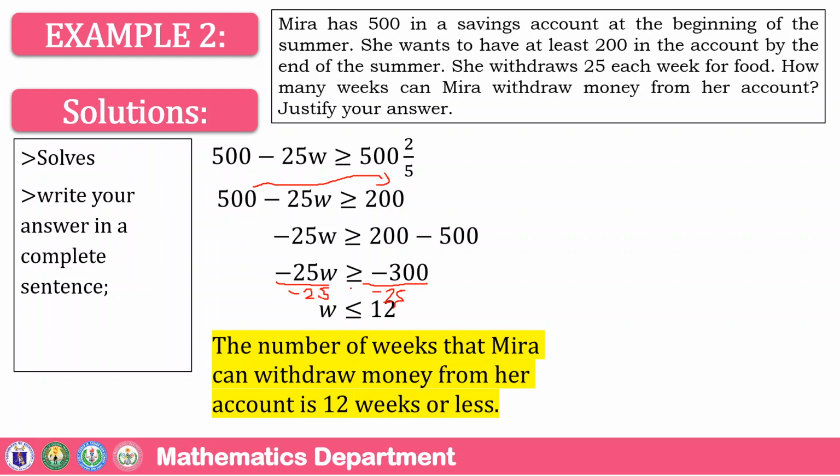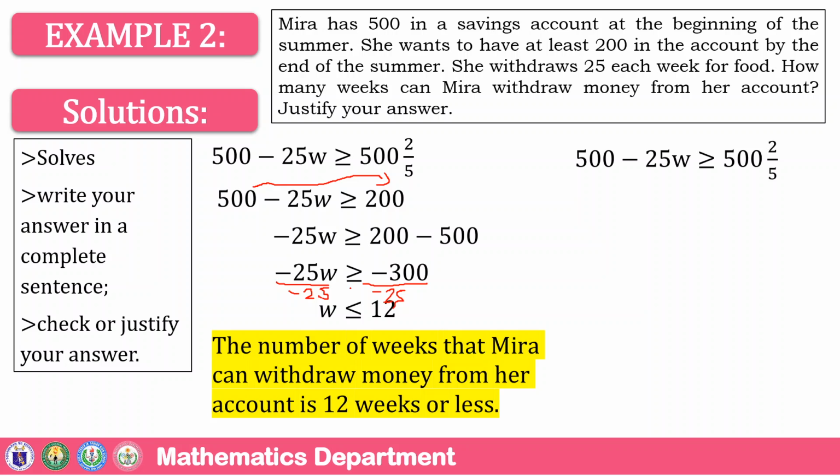Pakita natin kung tama yung ating naging sagot. So, from this inequality na nakuha natin, rational inequality, i-substitute natin yung nakuha natin na value ng W, that is 12. So, we have 500 minus 25 times 12, that is greater than or equal to 200.